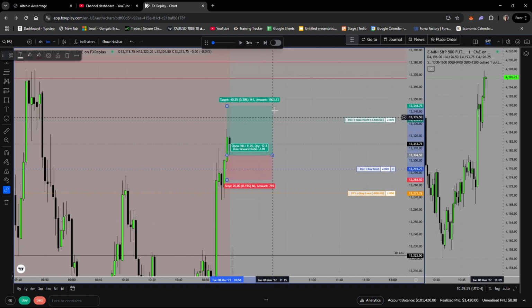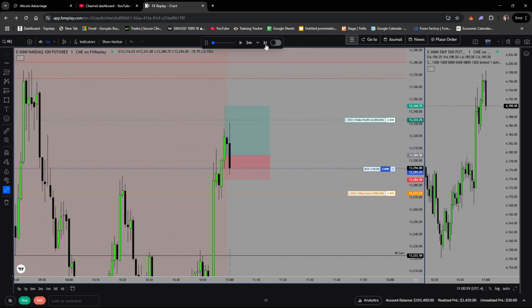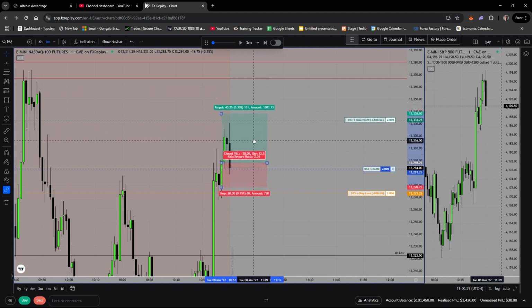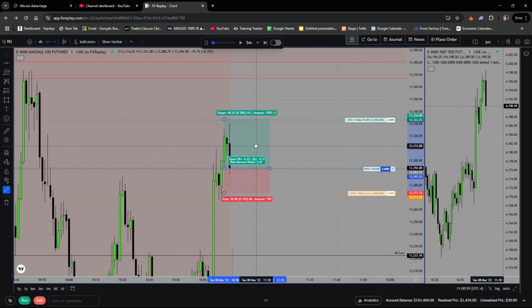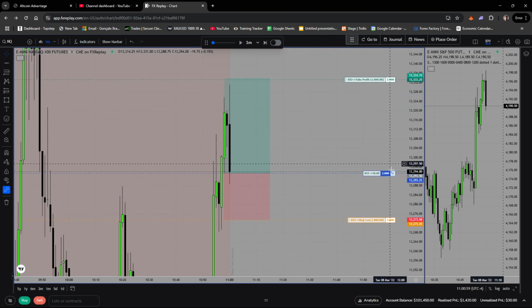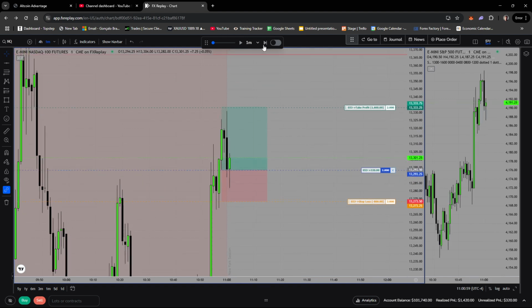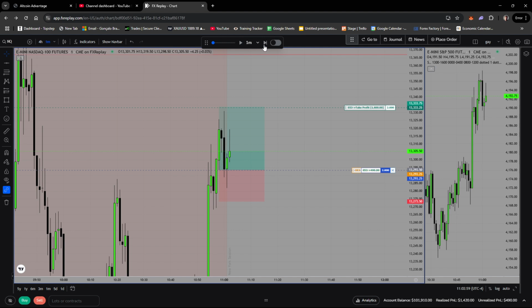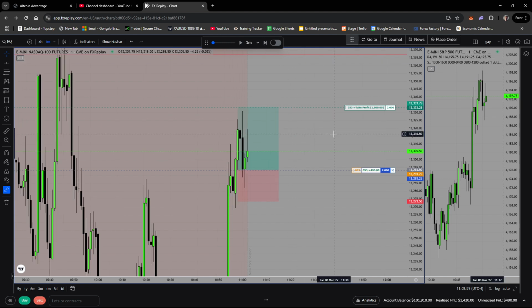Okay, so if it enters here, so I've got a breakaway. So I could enter this a little higher, but still valid. We take partials.